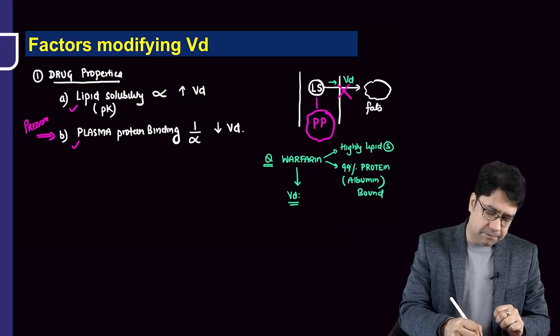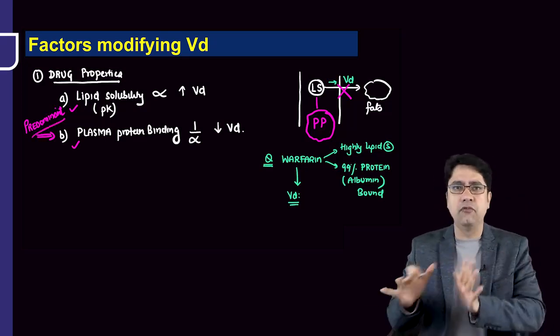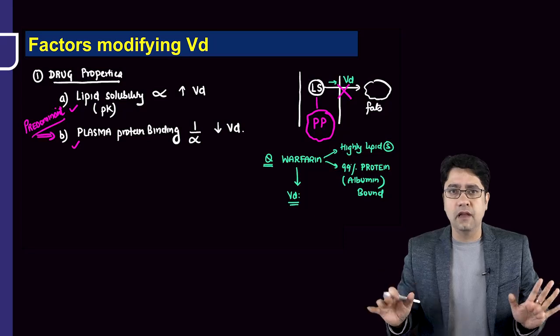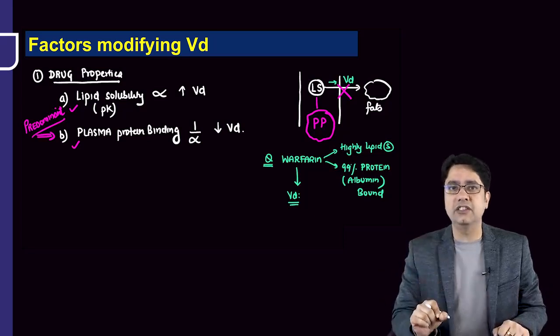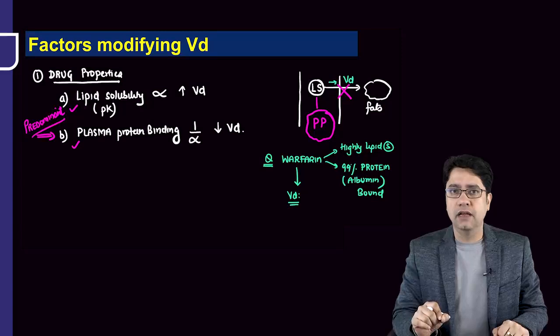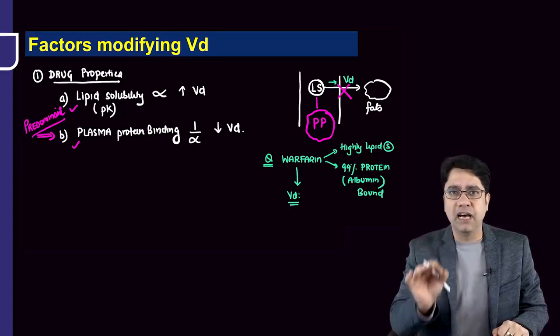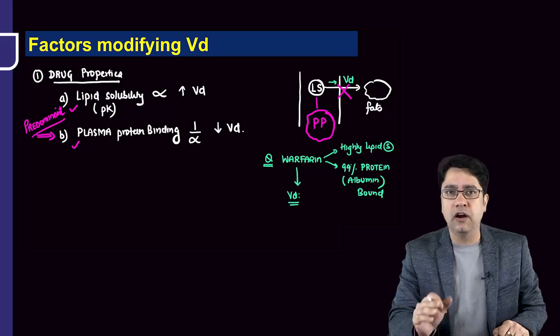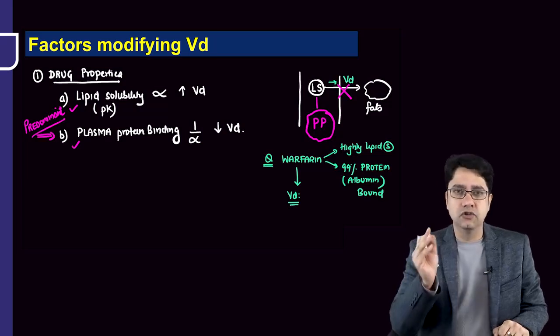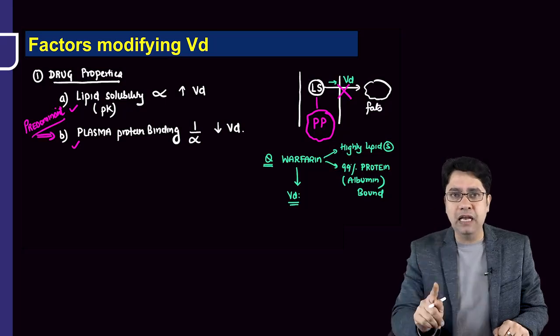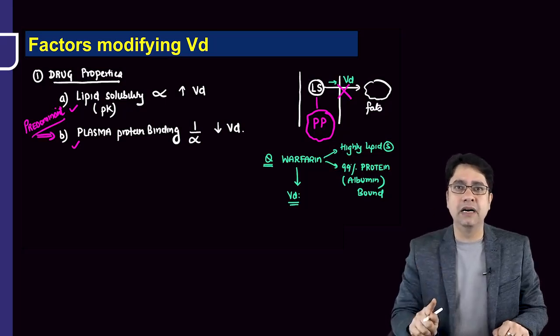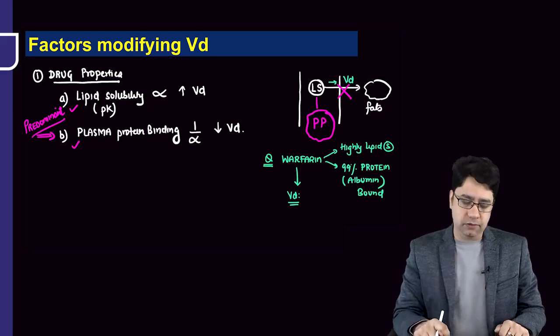The reason is very simple. Even if a drug is lipid soluble or water soluble, we don't care. If a drug gets attached to plasma protein, any type of drug, plasma protein will not allow the drug to move outside. So plasma protein binding is the main factor that determines the volume of distribution.